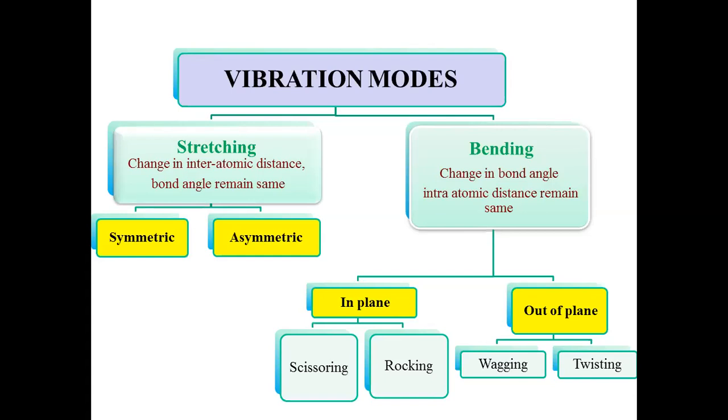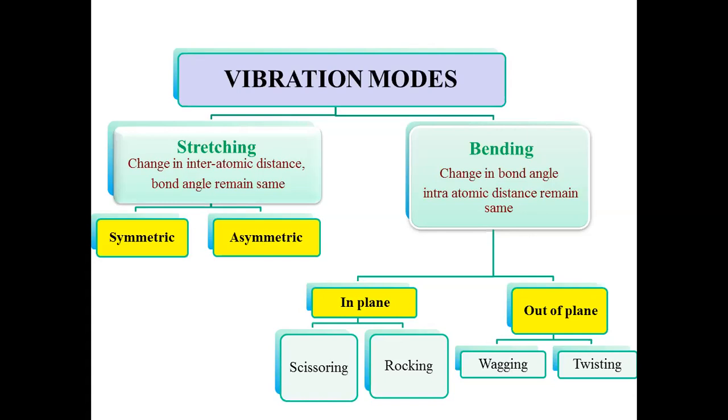Now see the classification of vibrational modes. There are two types of vibrations. One is stretching vibration and the other one is bending vibration. Stretching vibration is one in which there is a change in the interatomic distance while the bond angle remains the same. In case of bending vibration, there is a change in the bond angle while the bond length remains the same.